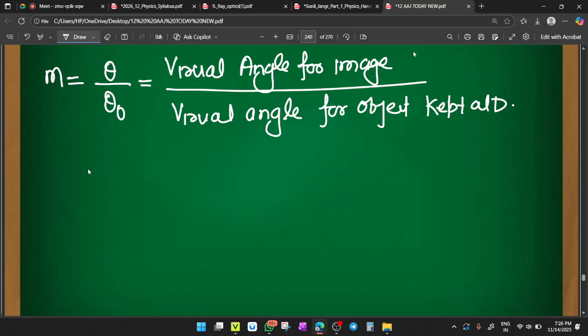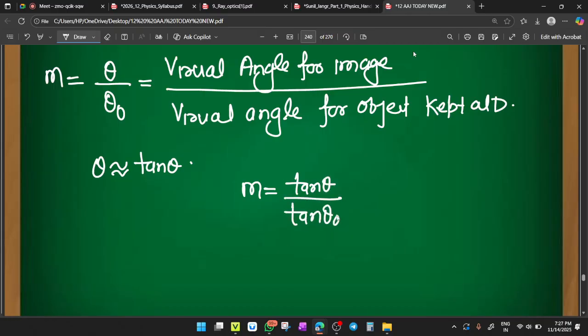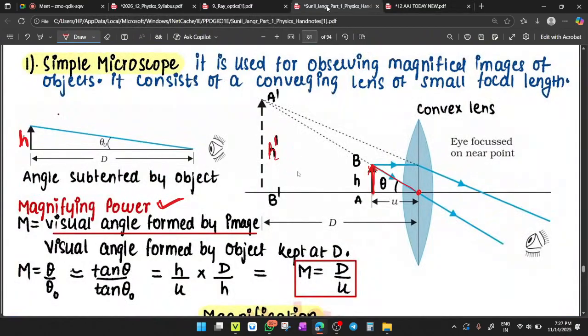Clear? So theta is very small. For a small theta, this is equal to tan theta. So we have the formula for magnifying power: m is equal to tan theta divided by tan theta naught. Clear?